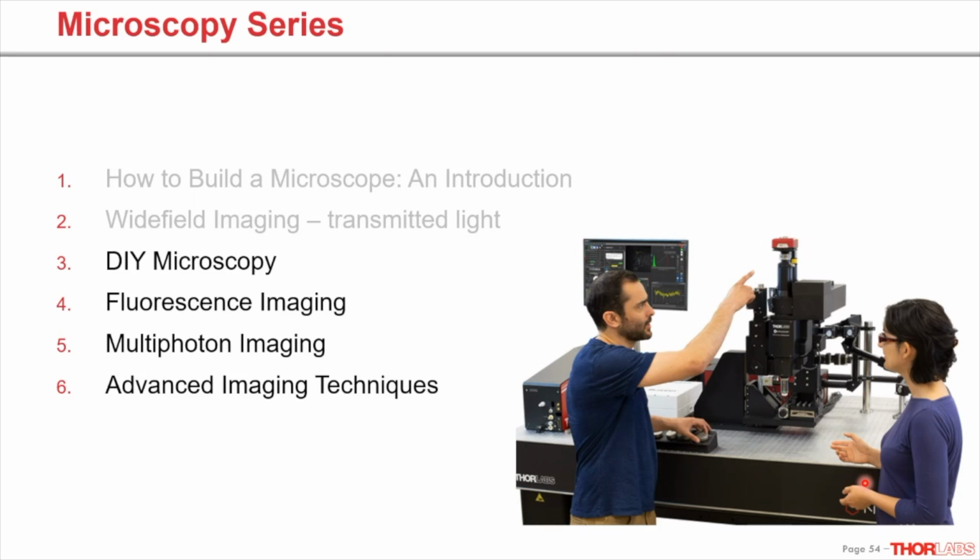After today's talk, we've now covered the basics of microscope design, including the transmission illumination pathway. The next talk will cover how to build microscopes yourself using Thorlabs parts. And then future talks will cover multiphoton imaging and other advanced imaging techniques.